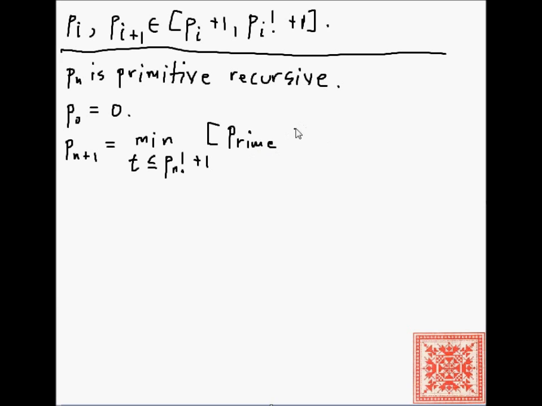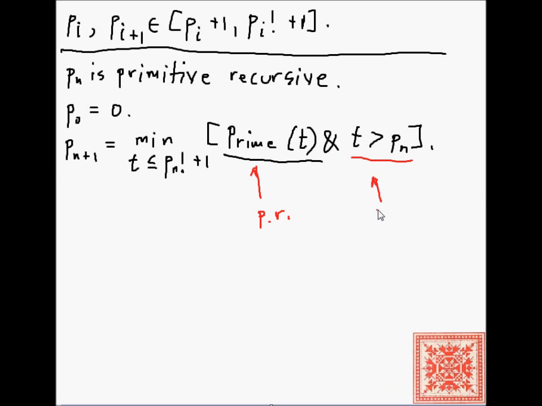Using that fact, that's the upper bound of this predicate, the bounded minimalization of this predicate, prime t. This is primitive recursive. We have shown that to be primitive recursive, and this is also primitive recursive, assuming that p sub n has already been computed.